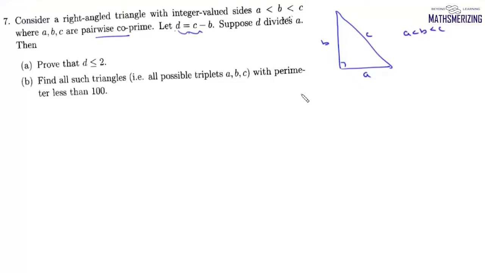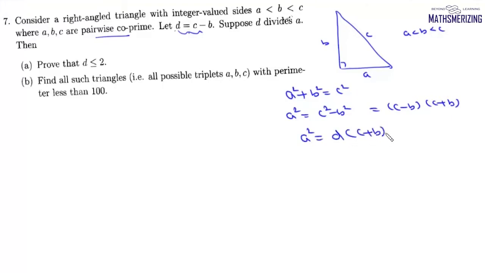Now we know that a square plus b square is equal to c square. We can write a square as c square minus b square, which is c minus b into c plus b. Now c minus b is d. We can write a square as d into c plus b.